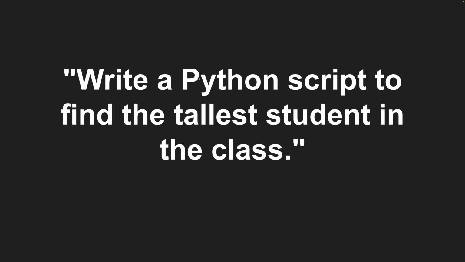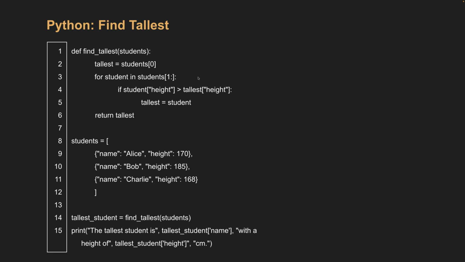Here's another example. Write a Python script to find the tallest student in the class. So I've got our function here, find tallest. The tallest student is obviously the first student I have. This function is different because I've got a list of dictionaries. I've got a dictionary here, right? So each one has a name and a height, name, height, name, height.